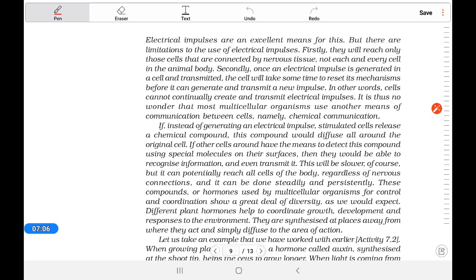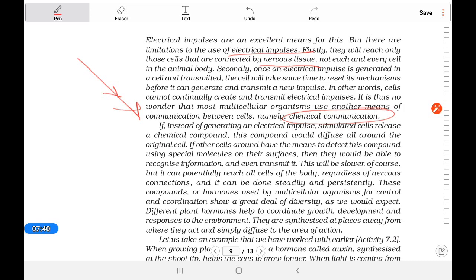In animals, we saw that nerve impulse conduction is electrochemical. Electrical impulse is possible there because nervous tissues and nerve fibers are there, so very fast conduction is possible. Whereas in plants, all these things are lacking, but we have to understand that there is another means of communication, that is chemical communication.